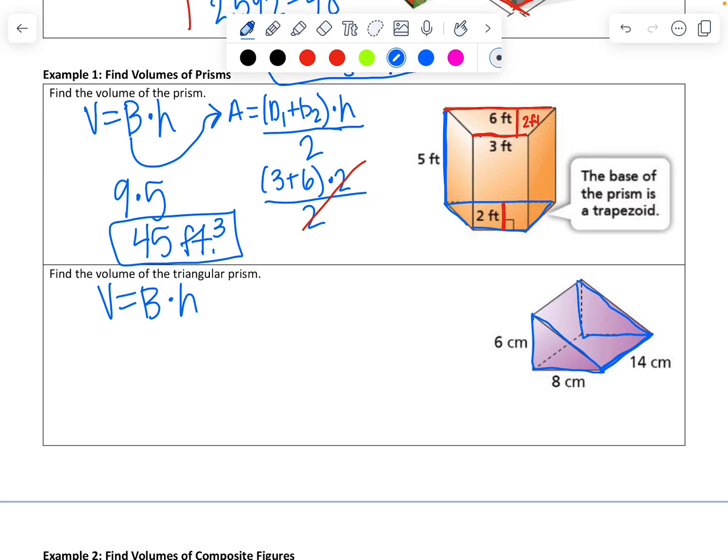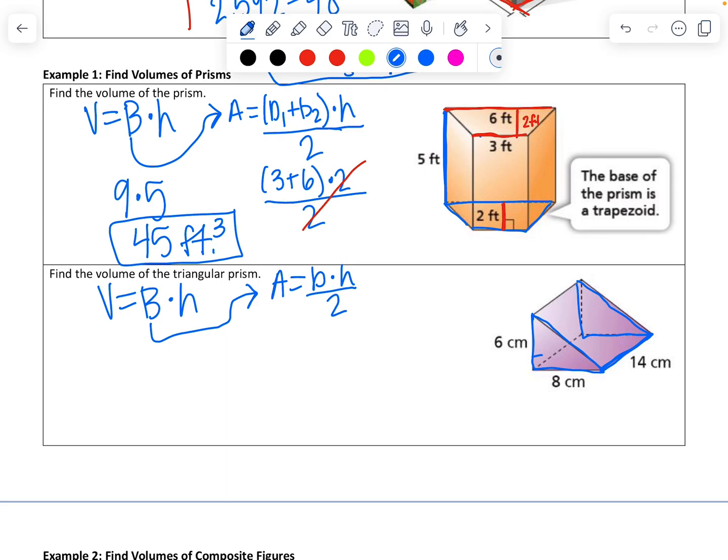Okay. So I need to find the area of my base, and that's going to be A equals base times height divided by 2. That's our formula for the area of a triangle. So remember, our base and our height should make that right angle right there.